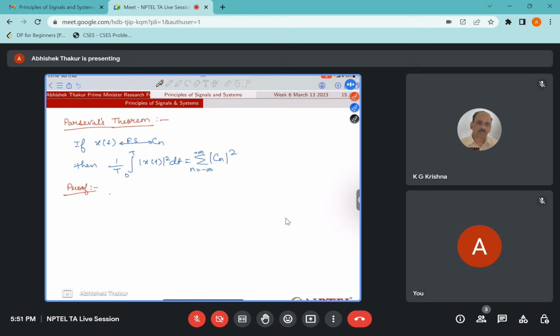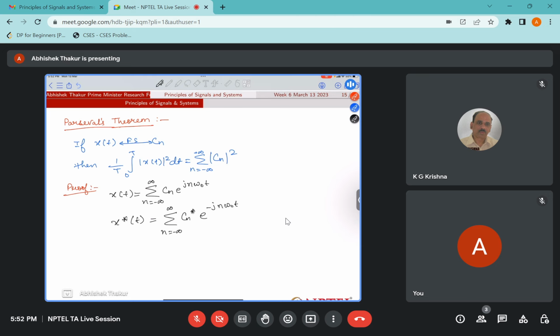In the proof, first we'll write x(t) as summation over n is equal to minus infinity to infinity Cn e to the power of j n omega naught t. So x conjugate of t will be summation over n from minus infinity to infinity Cn conjugate e to the power of minus j n omega naught t, because it is the conjugate of x(t).